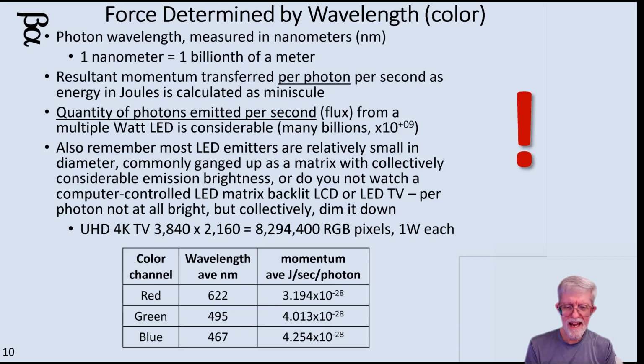If you have a 4K TV or display that's 3840 by 2160 in resolution, then the number of pixels you have, or the number of LEDs producing white light, is 8,294,400, and each of them is 1 watt. They're extremely tiny and individually not producing very high energy photons, but collectively, sometimes you've got to turn that screen down because it's just way too bright white.